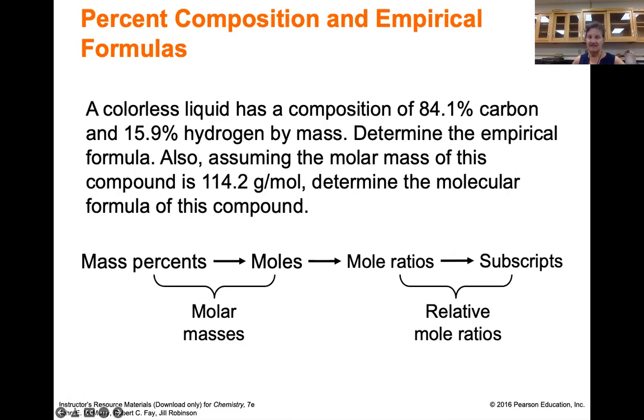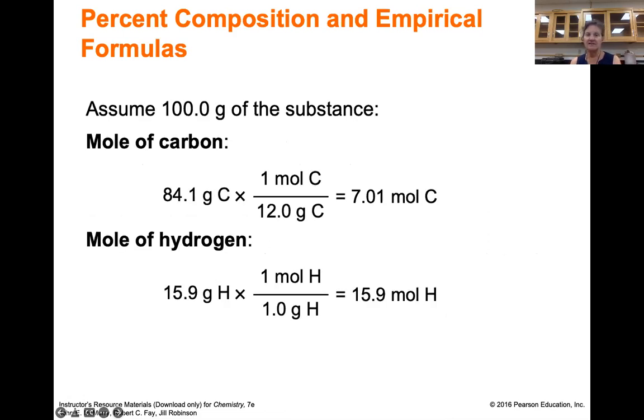And it tells us that the molar mass of this compound is 114.2. So from the empirical formula, we'll also determine the molecular formula. So we start out, as I said, and it's easiest just to say 100 grams would mean 84.1% is 84.1 grams.